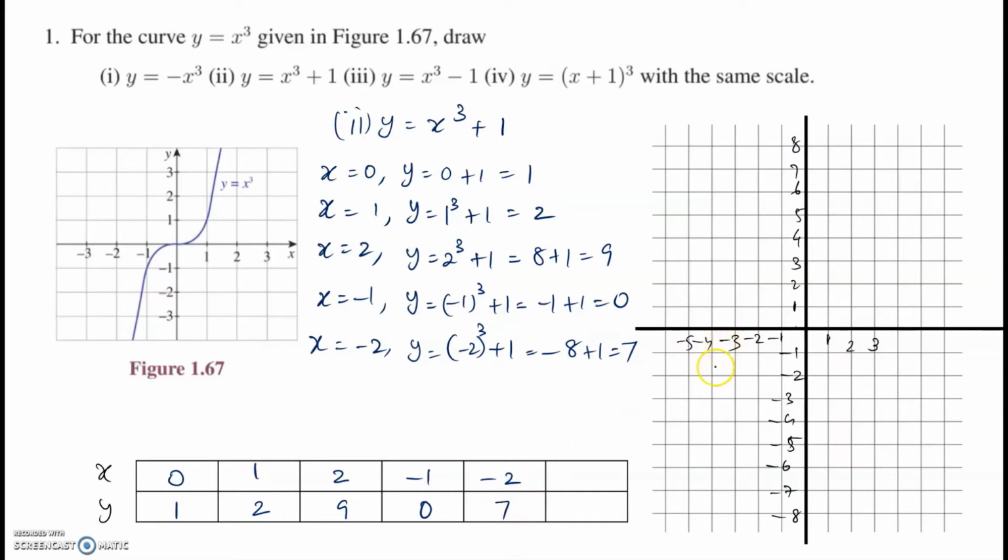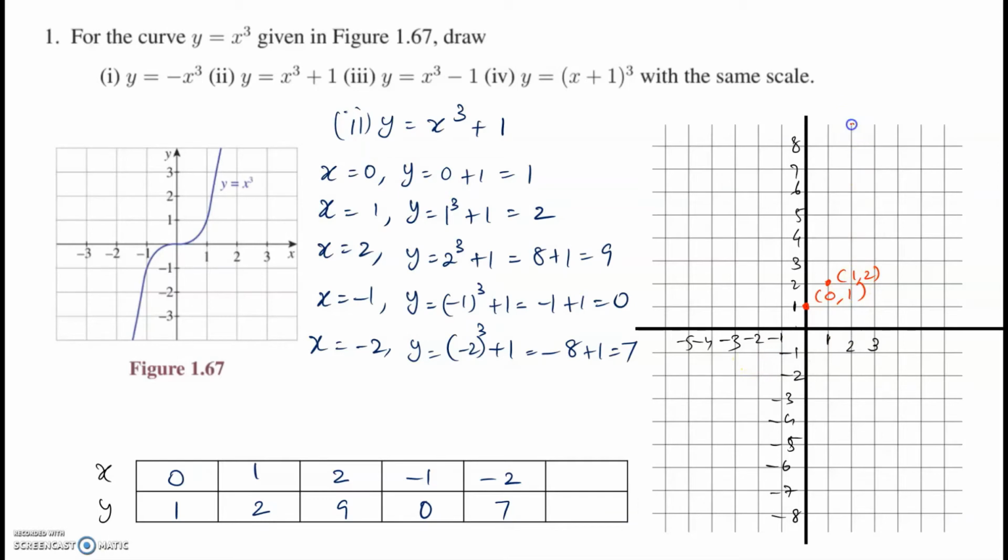So now let's plot these points. Let me take a different color. So you have 0 and 1. This is 1 point, which is 0 and 1. Then 1 and 2. So this is our second point, 1 and 2. Then you have 2 and 9.